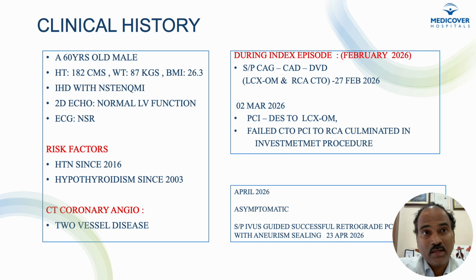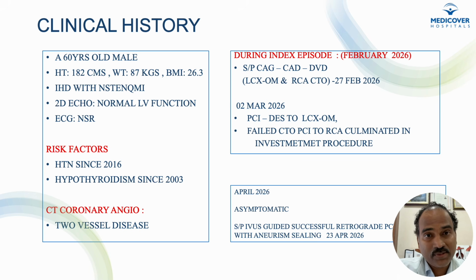The patient history is like this. He is a 60-year-old male who came with an NSTEMI. 2D echo showed normal LV function and the ECG was normal. CT angio was done, which showed two-vessel disease, LCX and OM disease, as well as a CTO of the right coronary artery.